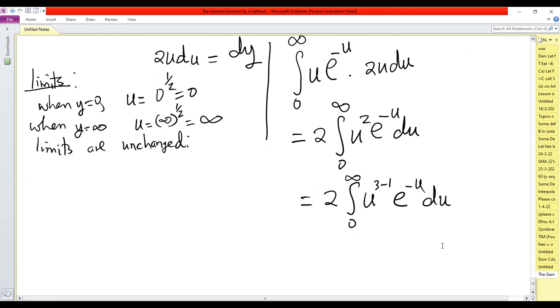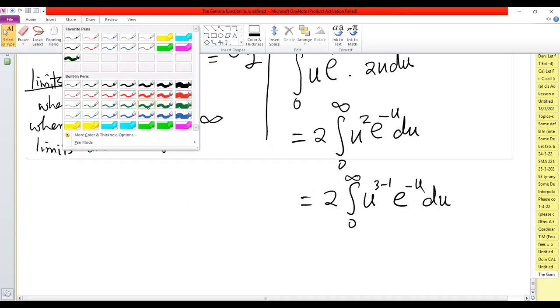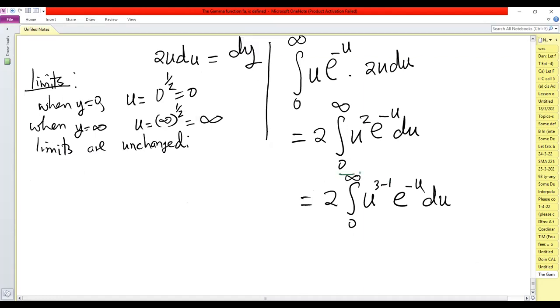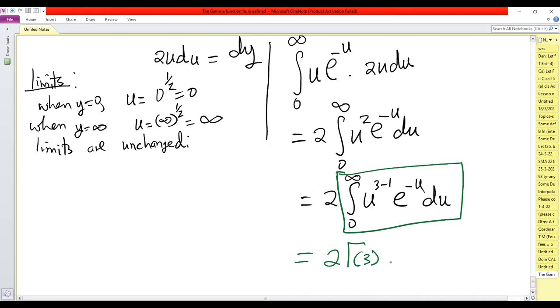So then now, by rewriting the integral in that form, we are successful in converting this part into a gamma function. So we'll have 2 times gamma of 3, which is 2 times 3 minus 1 factorial, which is 2 times 2 factorial, which is 2 by 2, and we get 4.